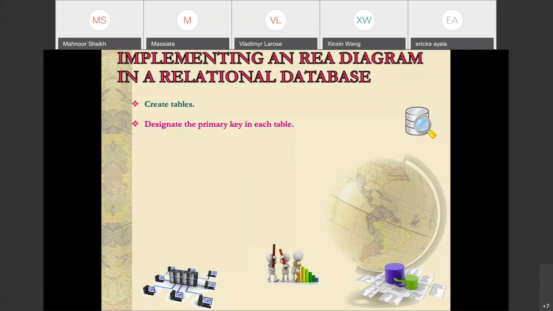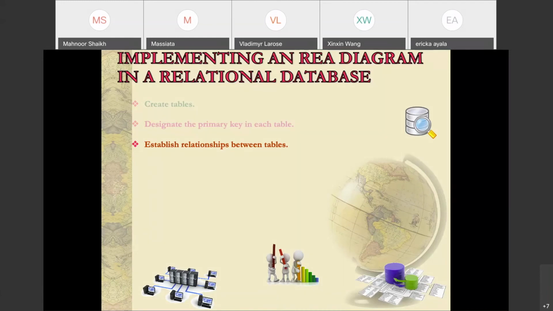When you apply different rules, you will find there might be a need for additional tables. So you designate the primary key for each table. This is a very important part. You can name it differently, but as long as the meaning is the same, you can call it employee number or employee ID. Both work as primary key for the employee table. That doesn't matter, right?